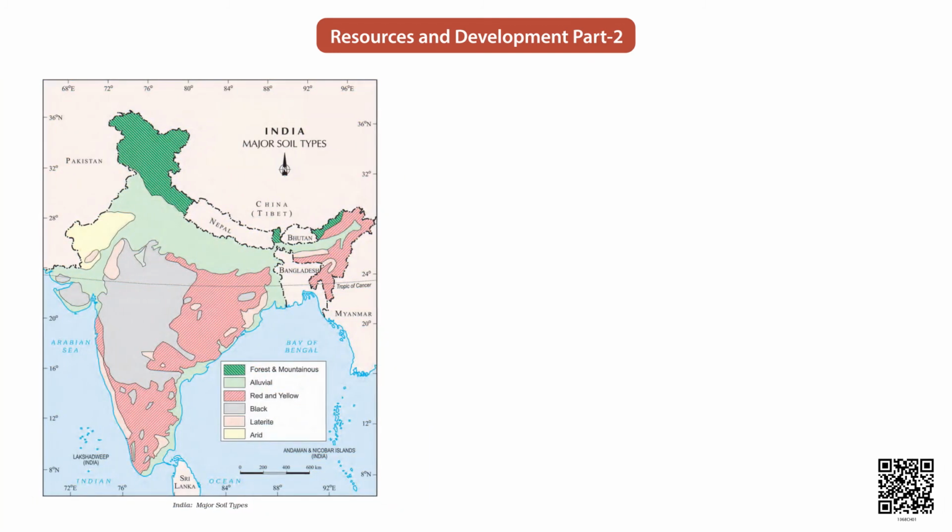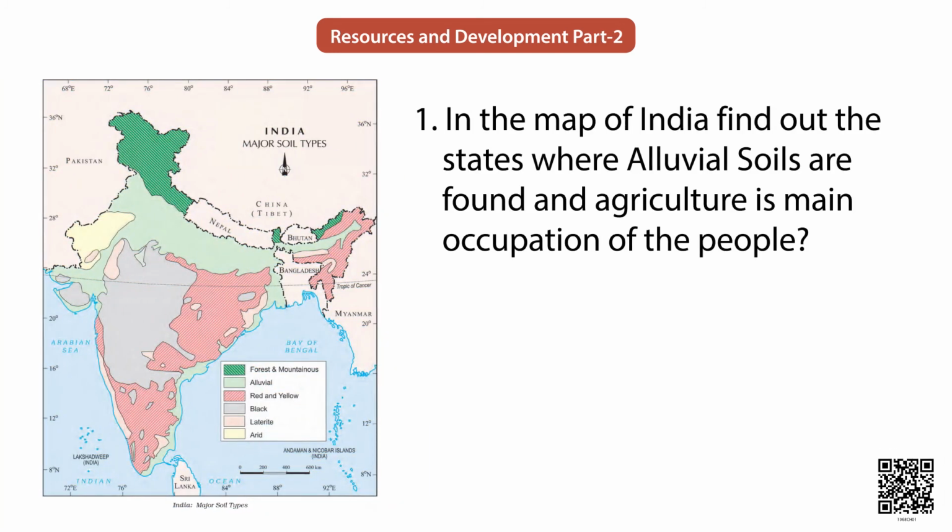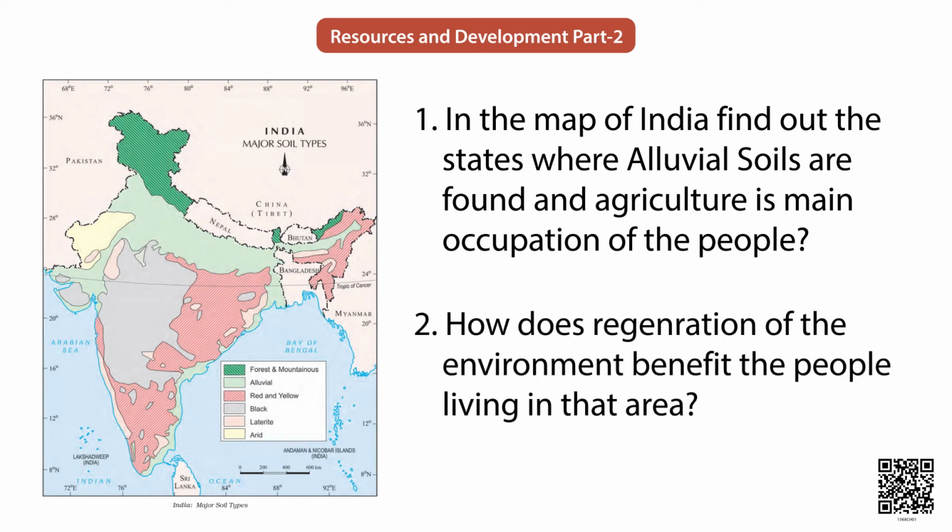Today's task for you is, in the map of India, find out the states where alluvial soils are found and agriculture is the main occupation of people. Second question is, how does regeneration of the environment benefit the people living in that area?